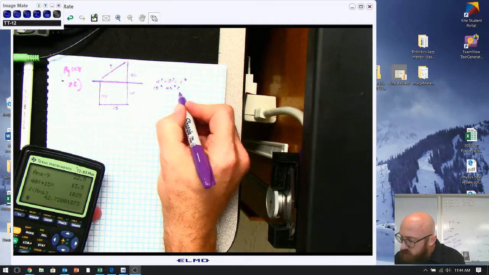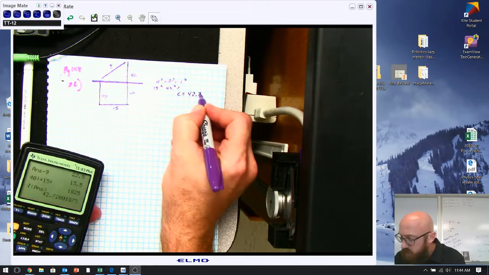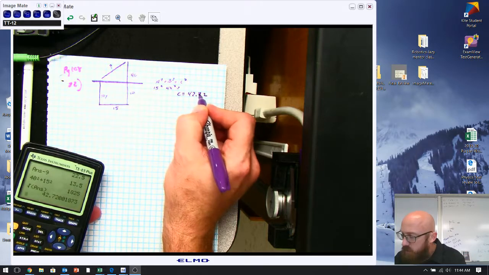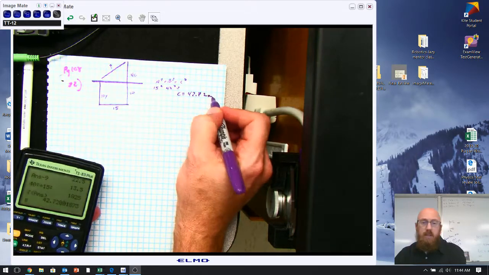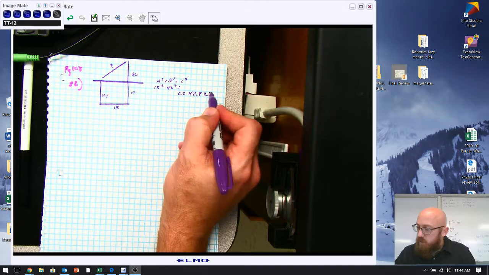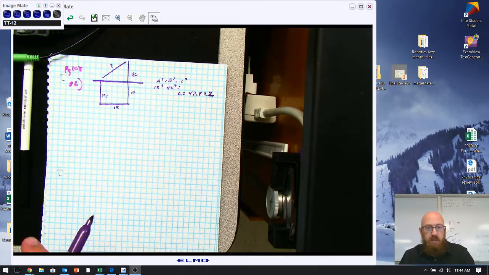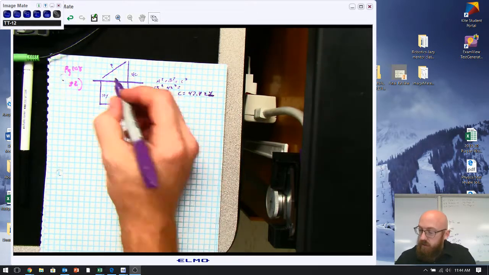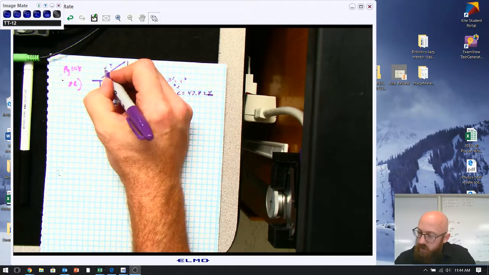So c is equal to 42.72. And again, I'm carrying through more decimals than I need to, because that's yards, just to keep it simple. Now, am I done? That's 42 yards.